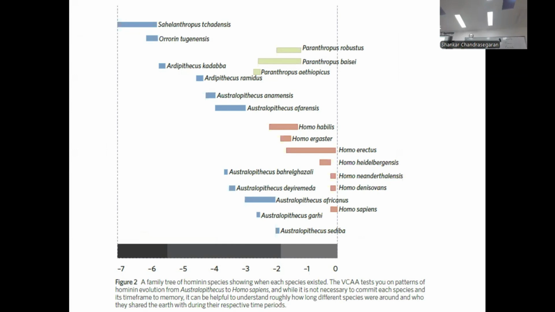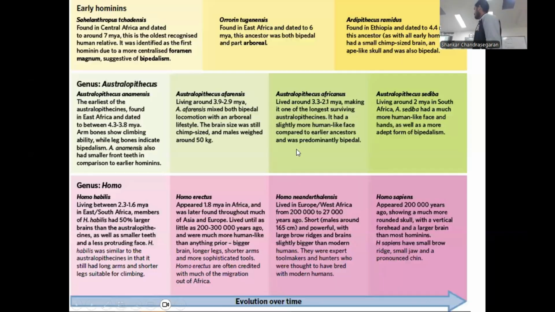For example, if you look at Homo erectus, there is a point where no other Homo species was present other than Homo erectus. So they will basically ask you questions about these kinds of trends. So it is important for you to be able to look at this trend and understand when and how they emerged as well.